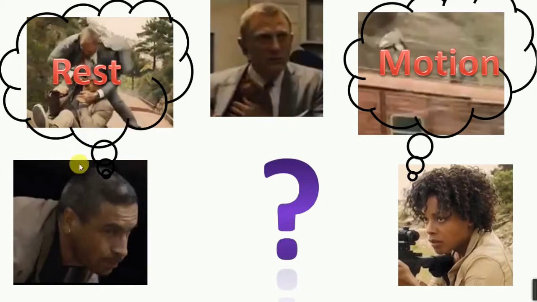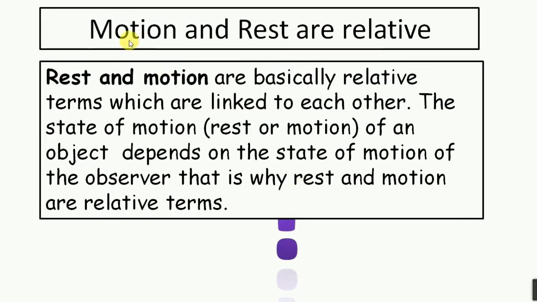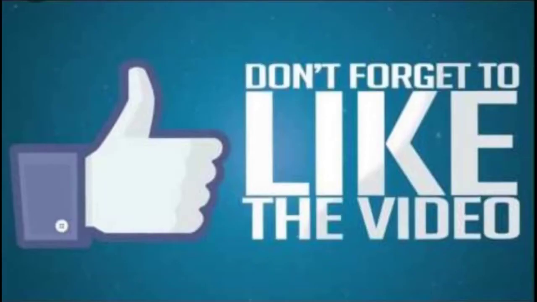So the same person is at rest for one person and in motion for another person. Why is this happening? The answer is that motion and rest are relative, so they depend on each other. The state of motion of an object depends on the state of motion of the observer. If the observer is moving with the object, then he may see the object at rest.